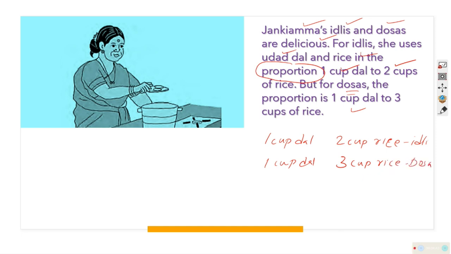So now we got an idea about the ratio: 1:2, dal and rice for idli, and 1:3 for dosha. In the form of ratio, we will write 1/2 and 1/3. Understood? So this is a method of understanding the relationship between two data.